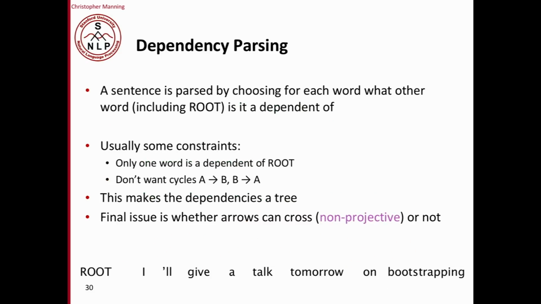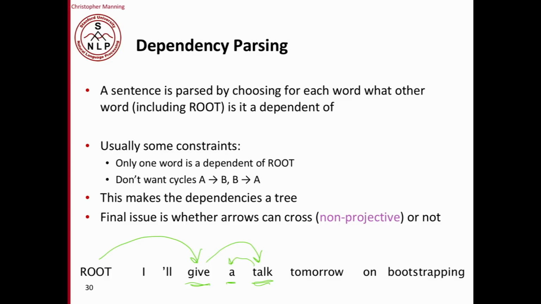Okay. So effectively what we do when we build a dependency parser is we say that each word is going to be the dependent of some other word or the root. So this give here is actually the head of the sentence, so it's the dependent of root. The talk is a dependent of give. Art is a dependent of talk.